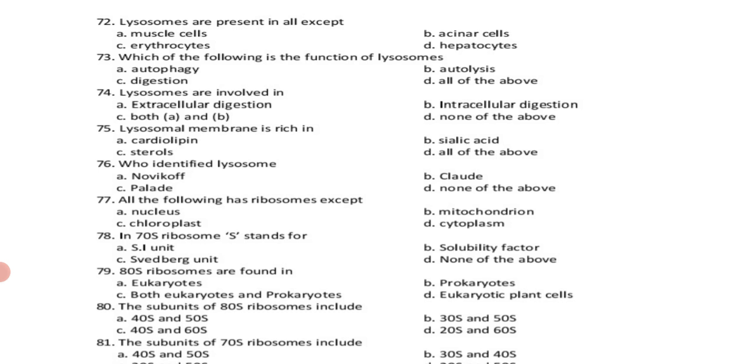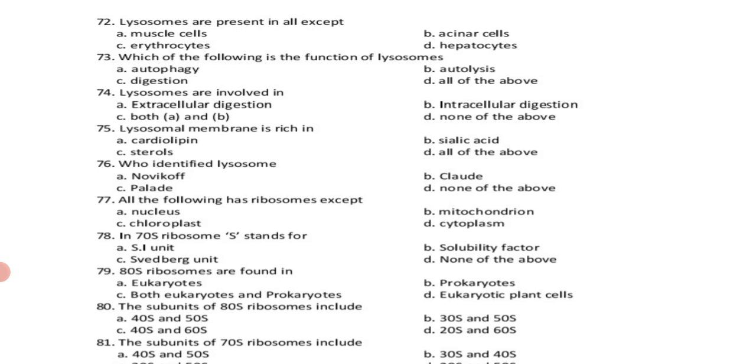Each subunit consists of one or more ribosomal RNA and many ribosomal proteins. The Svedberg coefficient is given as the letter S. It is a non-SI unit for sedimentation coefficient. A Svedberg unit measures the particle's size indirectly based on its sedimentation rate under acceleration. So the answer of question number 78 is C, that is Svedberg unit.